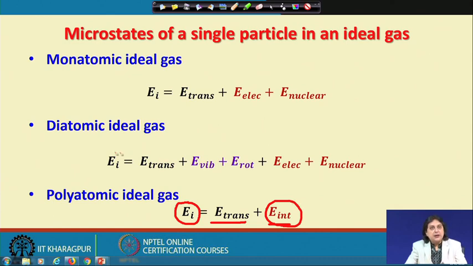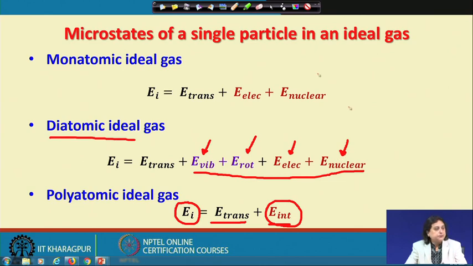And then especially in this lecture for the diatomic case, we will try to understand how this internal structure can be separated into contributions coming from vibrational motion of the single chemical bond that is present, rotational motion of the molecule itself, and also the contributions of electronic and the nuclear energy levels.